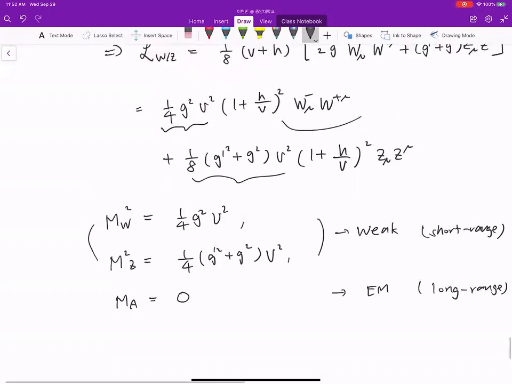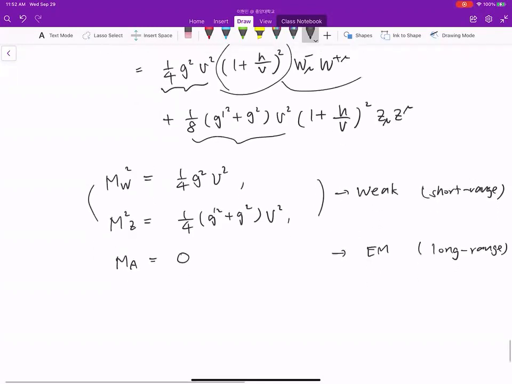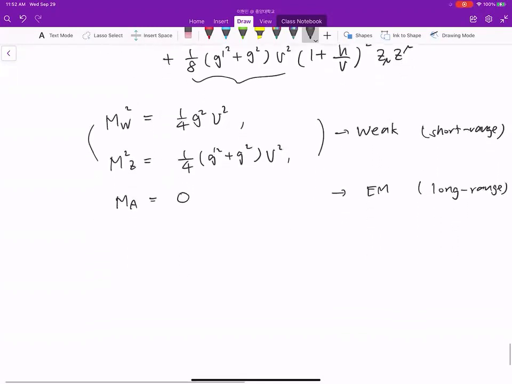And also after expanding this Higgs interaction term, you will see that there is a Higgs interaction to WW and ZZ with a single Higgs, and also we have a quadratic Higgs coupling to the W boson and Z boson.